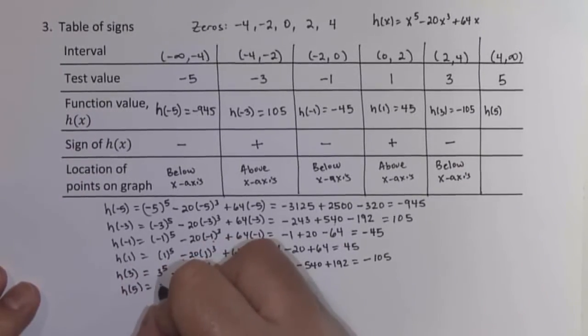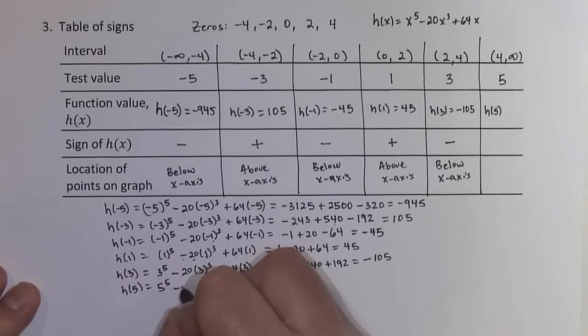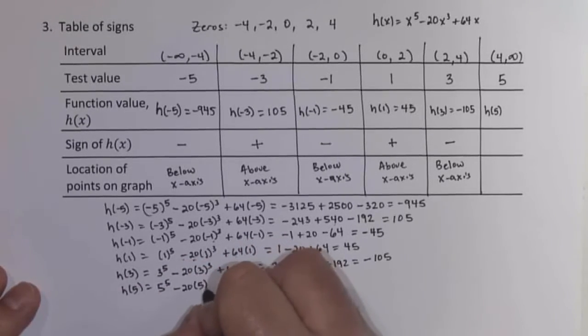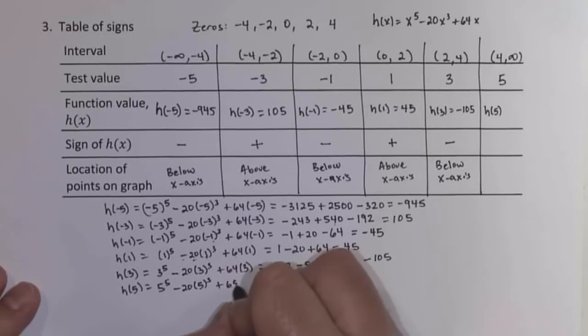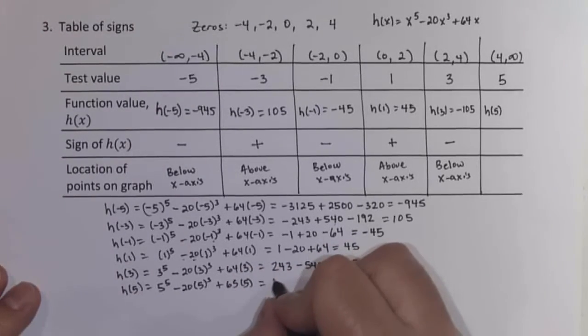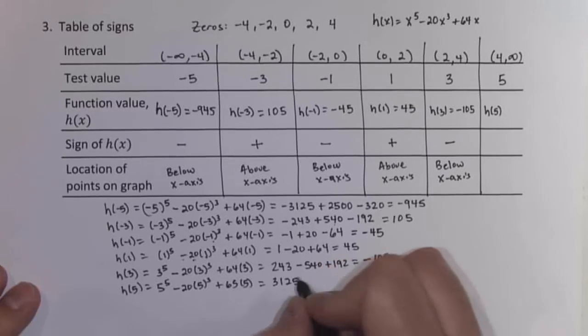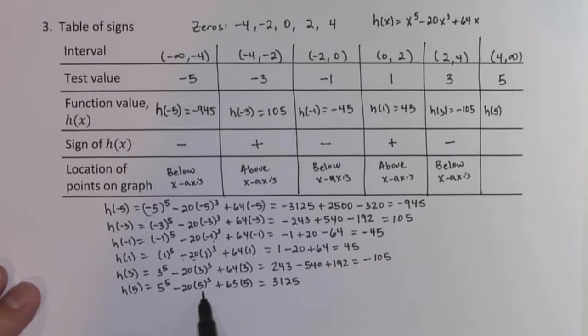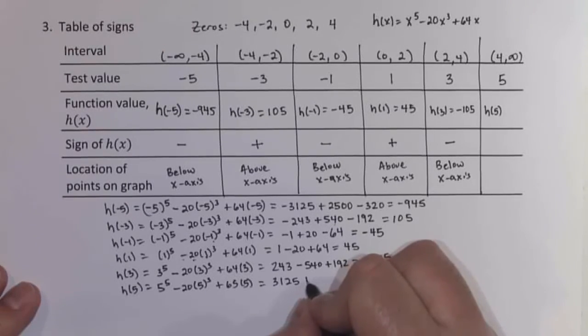h of 5 is going to be 5 to the 5th power minus 20 times 5 cubed plus 64 times 5. 5 to the 5th power is 3,125. 5 cubed is 125 times 20 is going to be 2,500, but it's going to be minus.